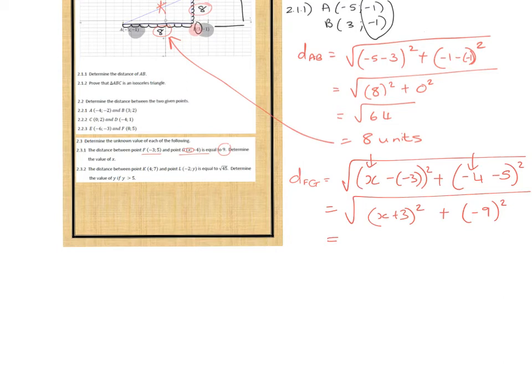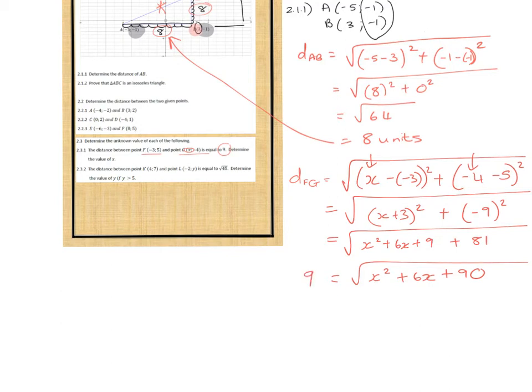All right, so we end up with x plus 3 all squared plus -9 all squared here. So we end up with a foiling situation here, so it becomes x squared plus 6x plus 9 plus 81, x squared plus 6x plus 90, and that is equal to d, the distance of FG, which they've told us is 9.